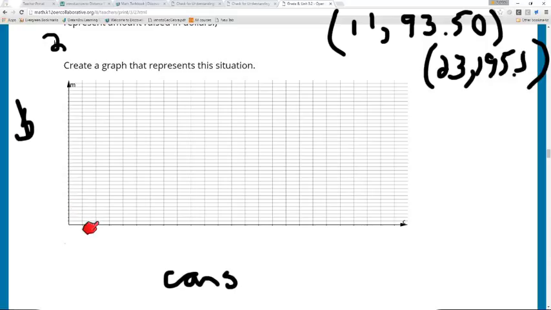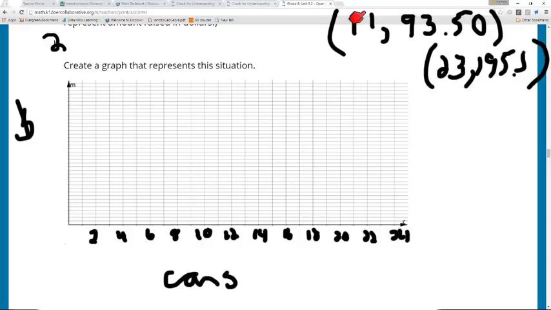Now what I'm really doing is I'm counting by ones, but I'm numbering by twos, so I don't have to put a number at every single spot. This gives me a little more space so I can write a little bit bigger, and it doesn't get quite as messy. But every tick mark represents 1, so this is 1, and then 2, this is 3, and then 4, this is 5 and 6, so that's 14, this is 16, this is 18, this is 20, this is 22, and this would be 24.